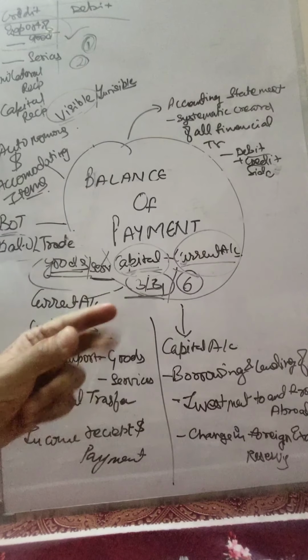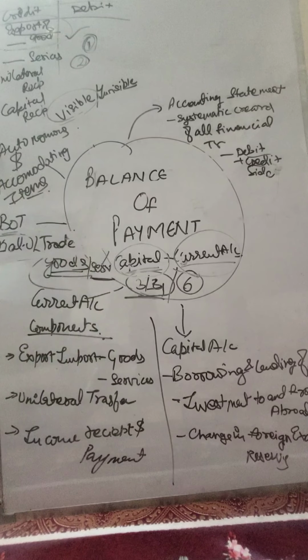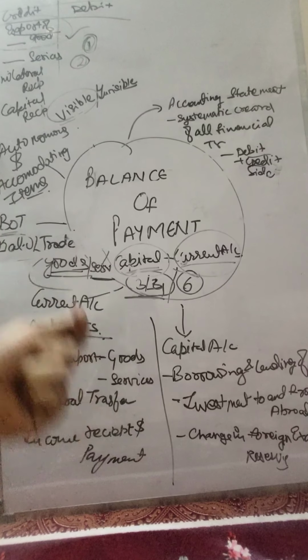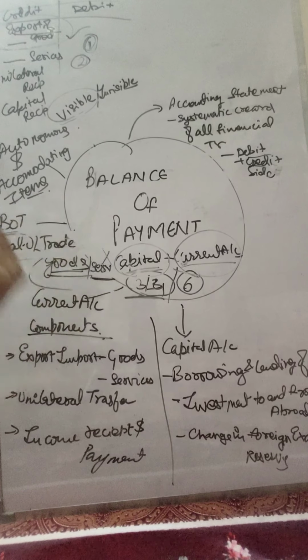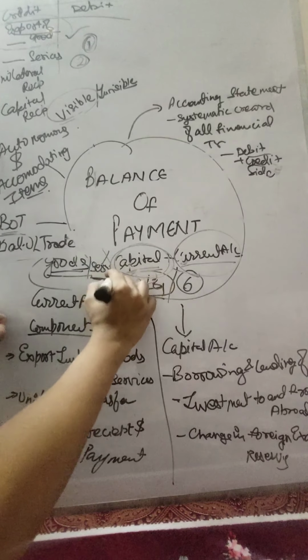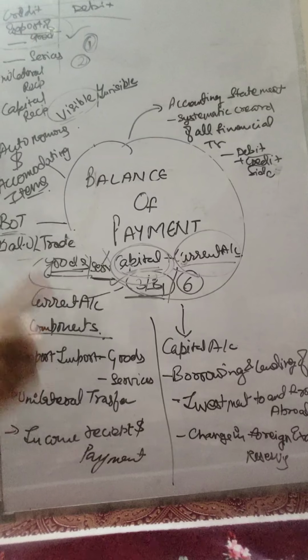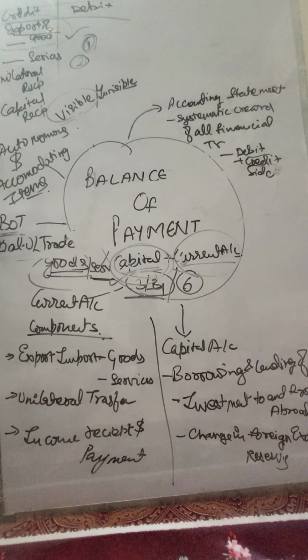Why? Because it includes balance of trade, balance of services, balance of unilateral transfers, and balance of capital transactions also. Then the fourth point becomes: when we talk in terms of balance of trade, this can be favorable, unfavorable, or balanced.